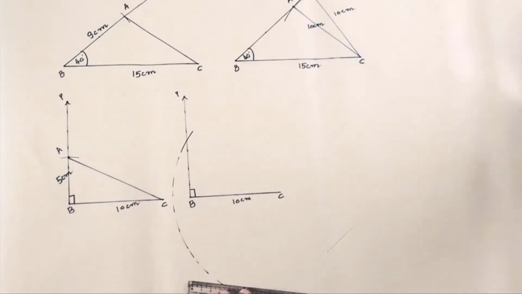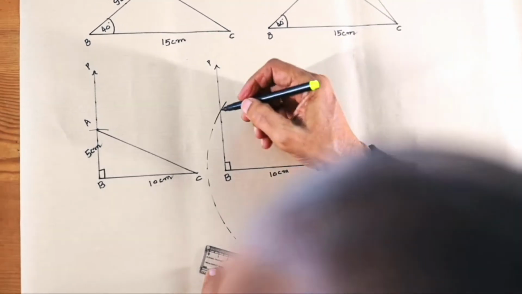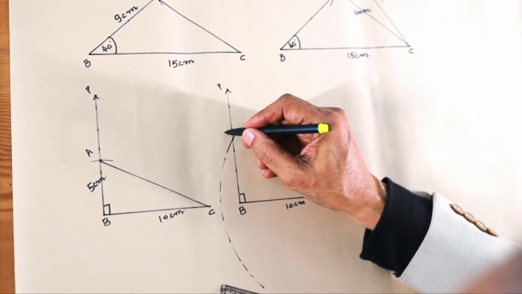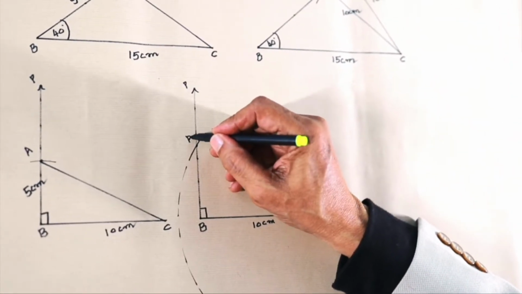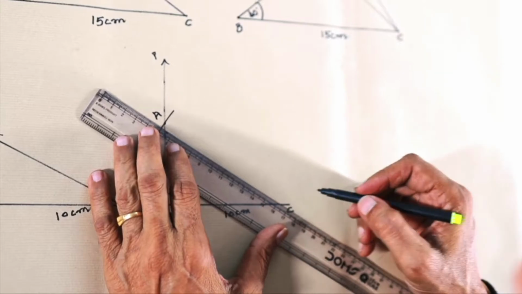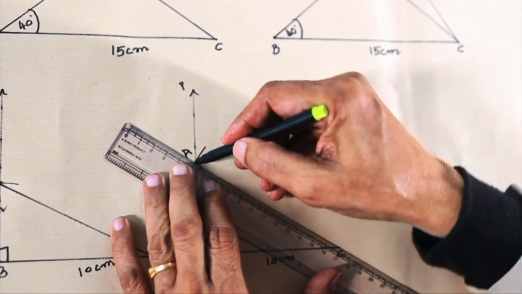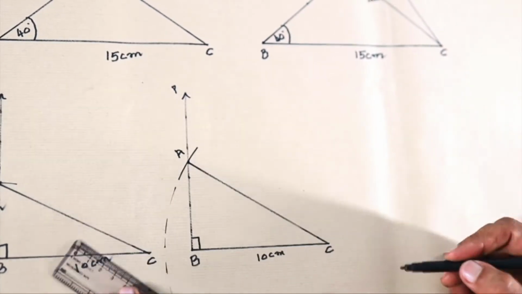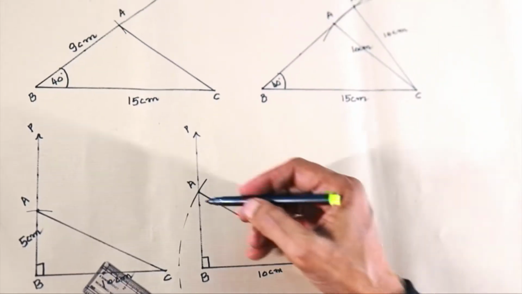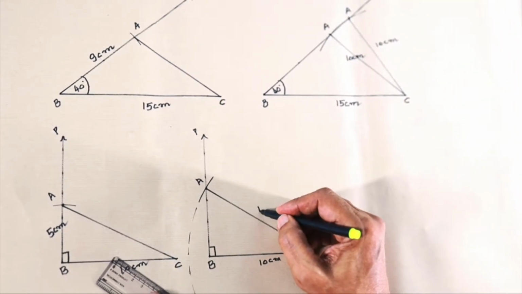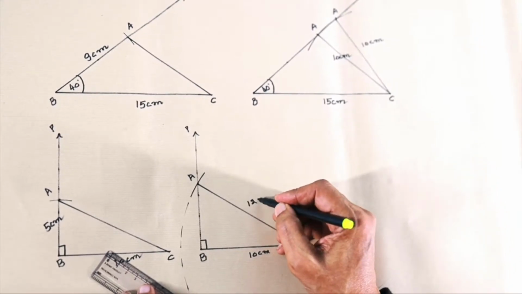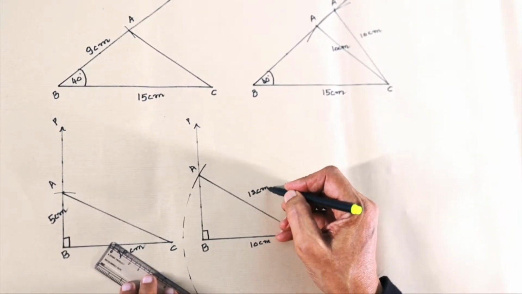Okay, so now this is the point A. Join A and C, okay, to get the right triangle ABC, in which the hypotenuse here is 12 centimeter.